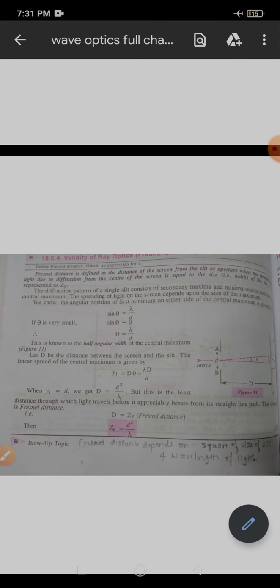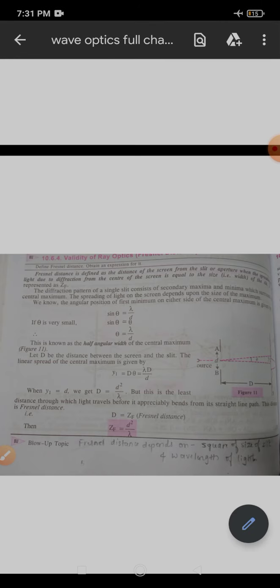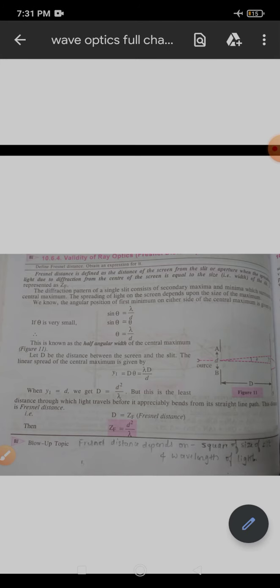See, the diffraction pattern of a single slit consists of secondary maxima and secondary minima which surround the central maximum. So the spreading of light on the screen depends upon the size of that maximum. We know that the angular position of the first minimum on either side of the central maximum is given by sin theta equal to lambda divided by d, where theta is very small, so we can take sin theta nearly equal to theta.